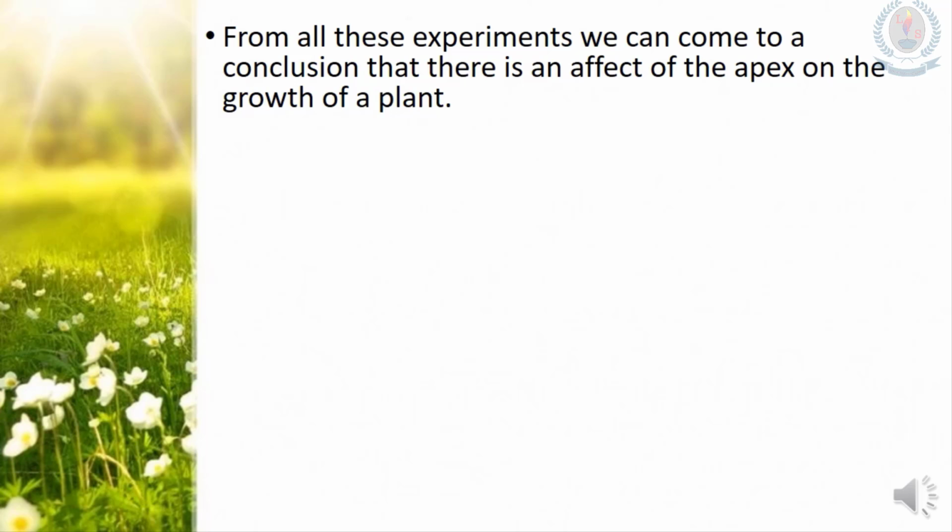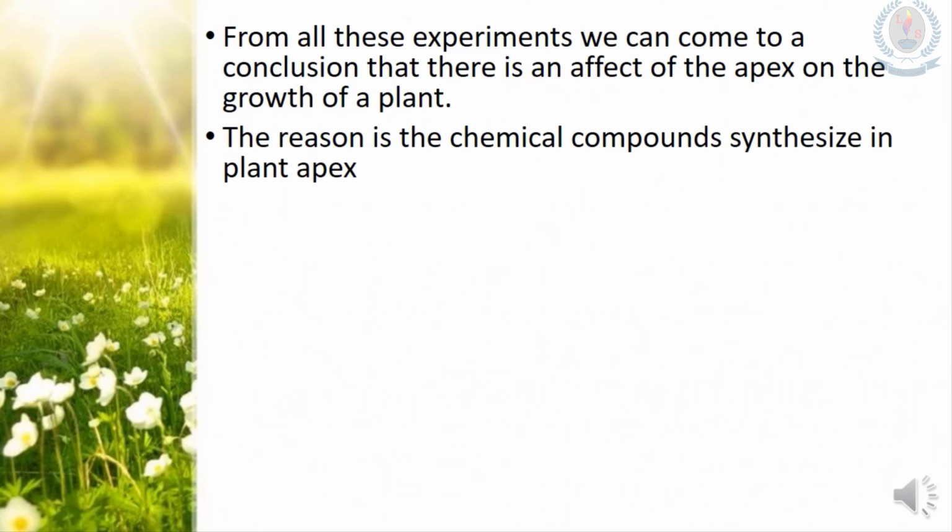Now let's summarize what we learned up to now. From all these experiments, we can come to the conclusion that the apex has an effect on the growth of a plant. The reason is chemical compounds synthesized in the apex.